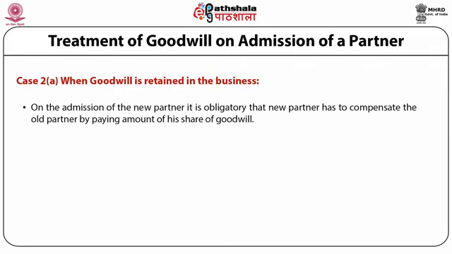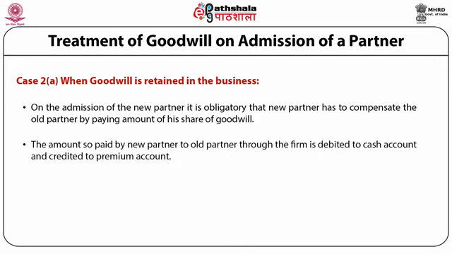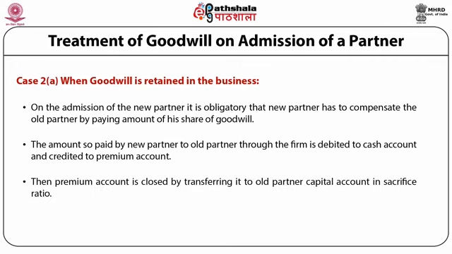On the admission of a new partner, it is obligatory that the new partner compensates the old partners by paying the amount of his share of goodwill. The amount so paid by the new partner to the old partners through the firm is debited to the cash account and credited to the premium account. Then the premium account is closed by transferring it to the old partners' capital accounts in the sacrifice ratio.